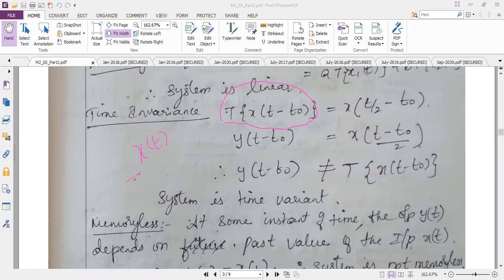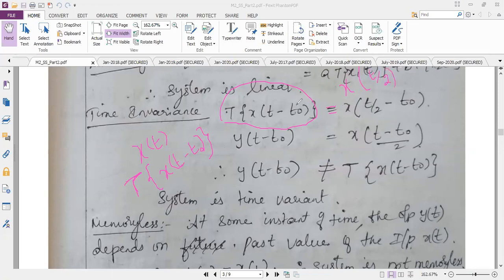Then what does time invariance say? It says the operation I have to perform on x of t is with the time shifted version. This is the general formula or equation I have to write for time invariance at the left hand side. As per this, I have to modify my input. Originally, my input is x of t by 2.